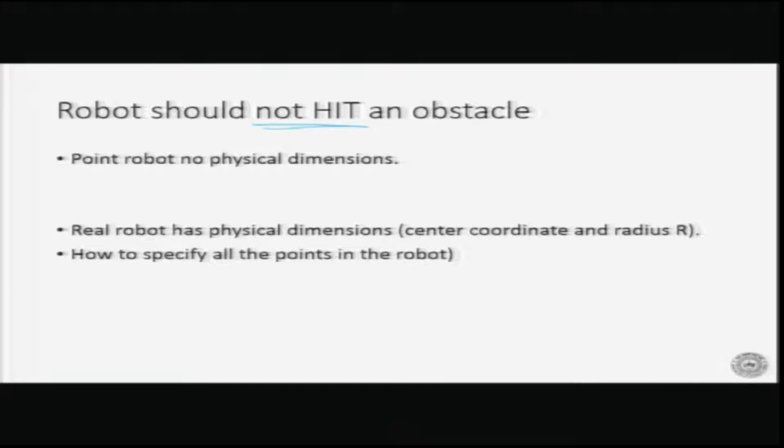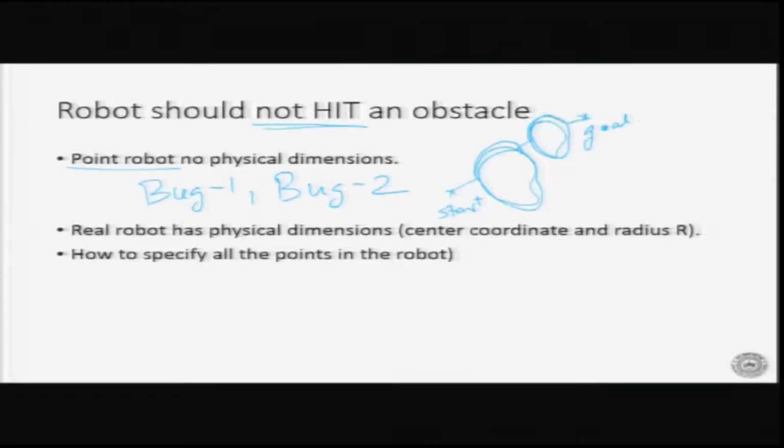Now we started off by saying that the robot is a point robot and it has no physical dimension. In the earlier path planning algorithms, Bug 1 and Bug 2, we have obstacles and we have the robot here, and we want to go to the goal point. This is my start and this is my goal. In the bug algorithm, the robot goes in a straight line towards the goal, circumnavigates the obstacle, finds the leave point, goes to the next obstacle, circumnavigates, and then goes to the goal point.